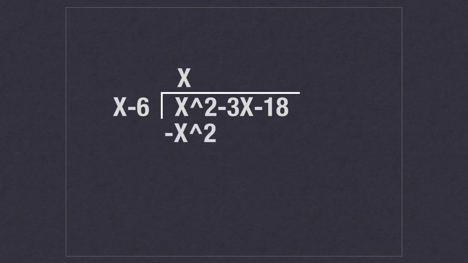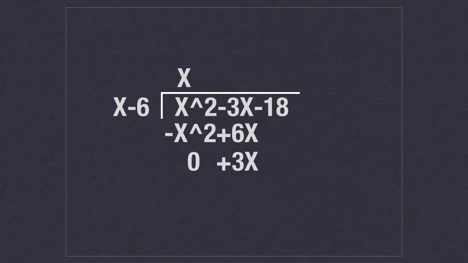Next we have to multiply x by minus 6, and after that multiply by minus 1. Now we have plus 6. The next step is to have a sum. x squared minus x squared equals 0. Minus 3x plus 6x equals 3x.